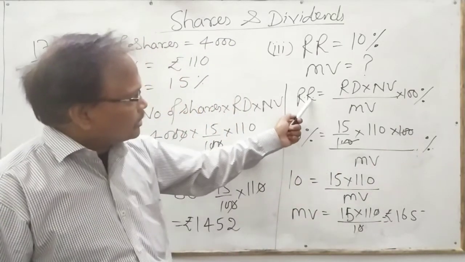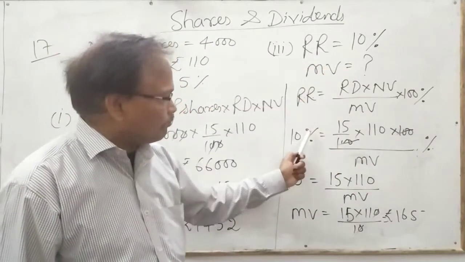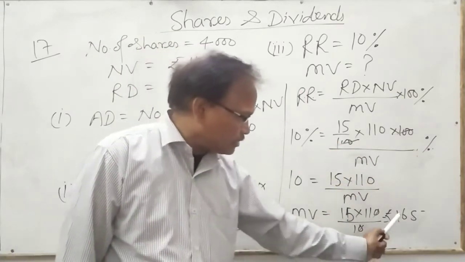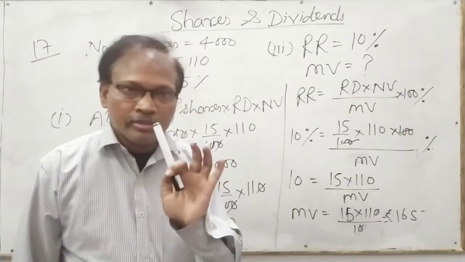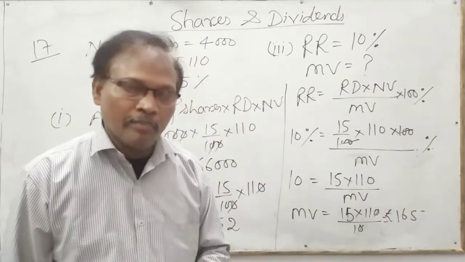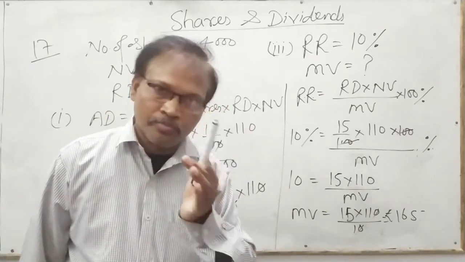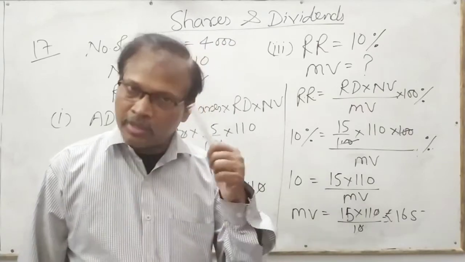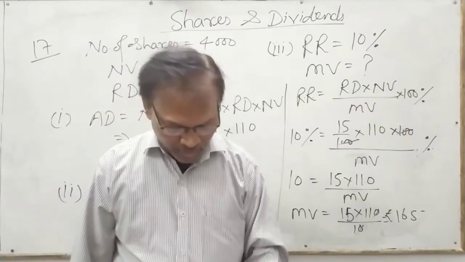In place of R rate of return, you put the 10%. तो ये जब कैलकुलेट करेंगे तो for MV you will get rupees 165. So 165 is the price for each share. Means the Shahrukh paid rupees 165 for each share. This is the third part.